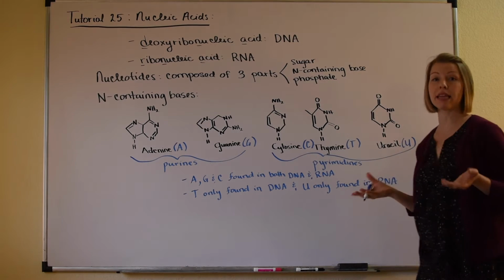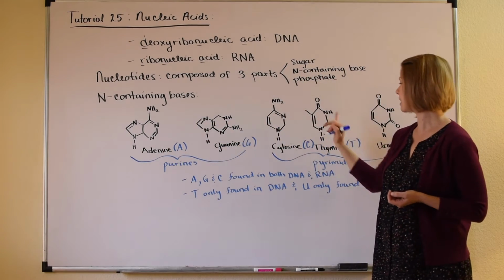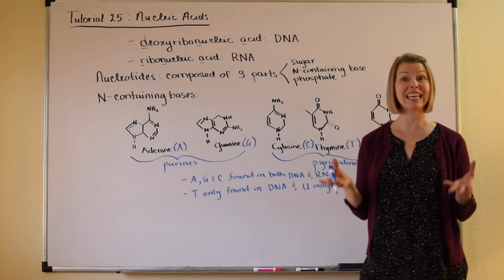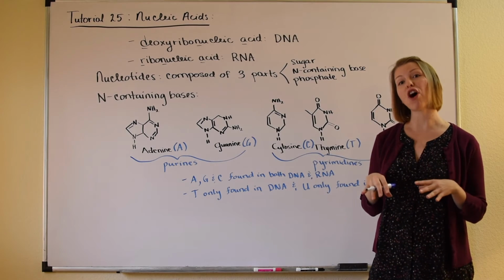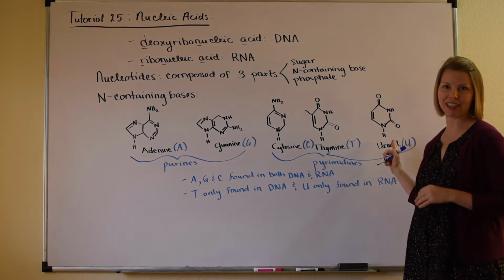So another way to say that is that adenine, guanine, cytosine, and thymine are all found in DNA. And then when the copy of RNA gets made, all of the thymine gets replaced with uracil.